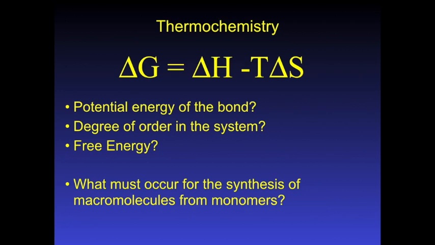You can think of it this way: delta H is the potential bond energy. Remember those problems where we calculated delta H by looking at all the bonds broken minus all the bonds made? This is a measure of how much potential energy is in each bond that is going to be broken.